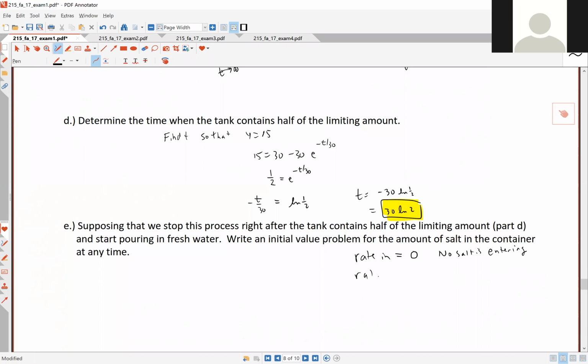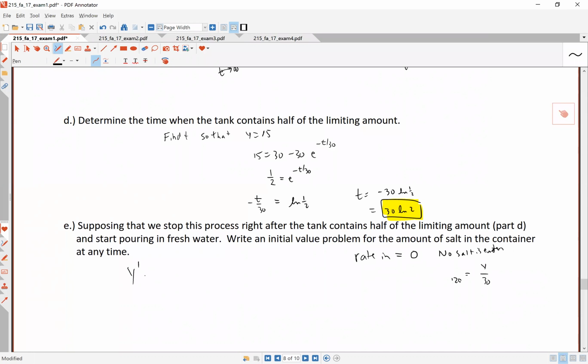And the rate out is still going out at a rate of 4 gallons per minute. And we still have y of t over 120, so then we still have the y over 30. So the differential equation is y prime equals negative 1 over 30 y.